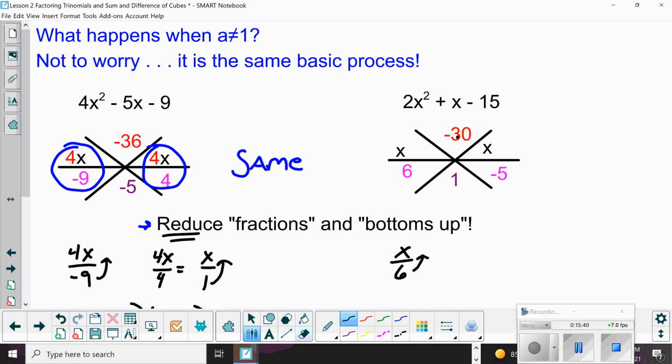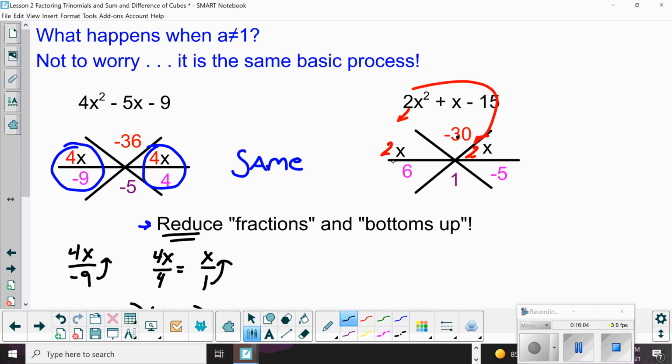Oh, whoops. I did not write this correctly. Actually, that part's correct. Sorry. What did I miss? I'll show you. I forgot this is 2x and 2x. Okay? I need my value of a in here.